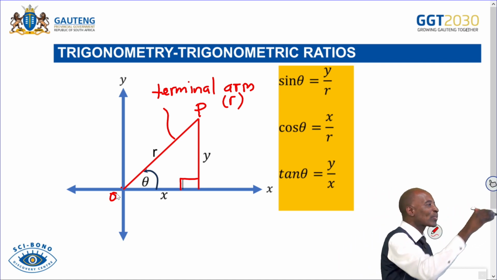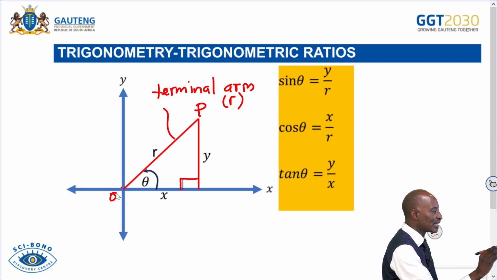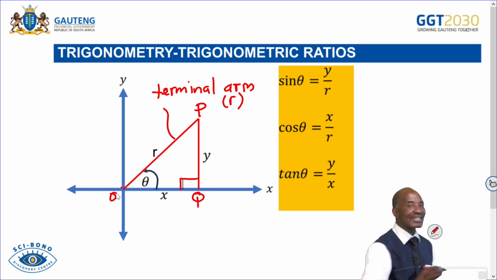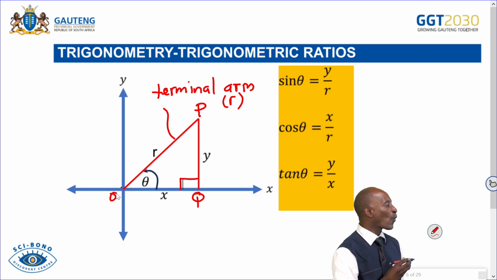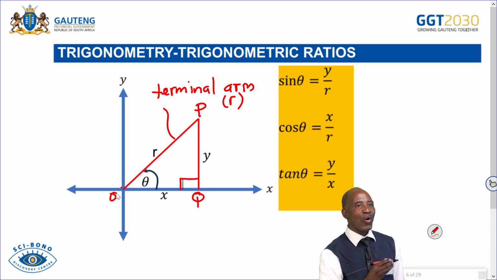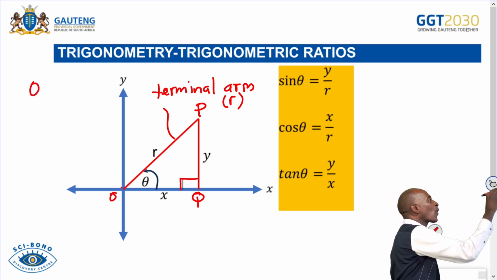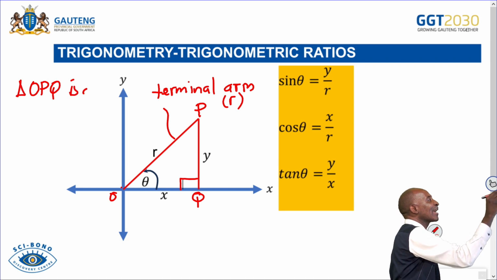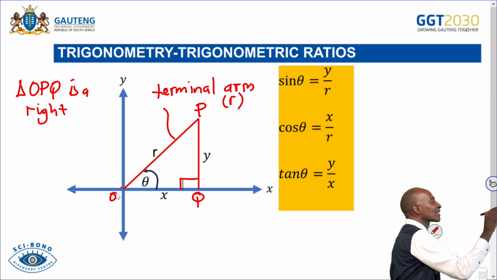As you drop a perpendicular from P to this point that I will call Q, a 90-degree angle is formed. It means our triangle OPQ is a right-angled triangle.